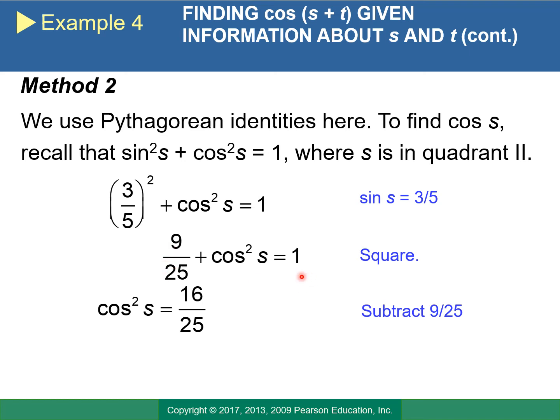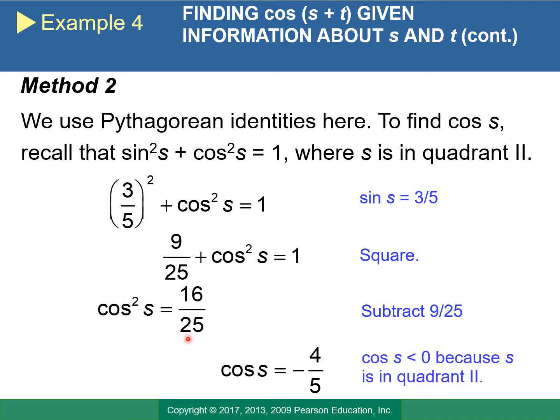If you want to, you can pause it real quick and use a common denominator to subtract this fraction. Then cosine squared is this value, so take the square root. You would technically get plus and minus 4/5, but we know which quadrant we're in. s is in quadrant 2, so we're going to have a negative cosine value because cosine is negative in quadrant 2.